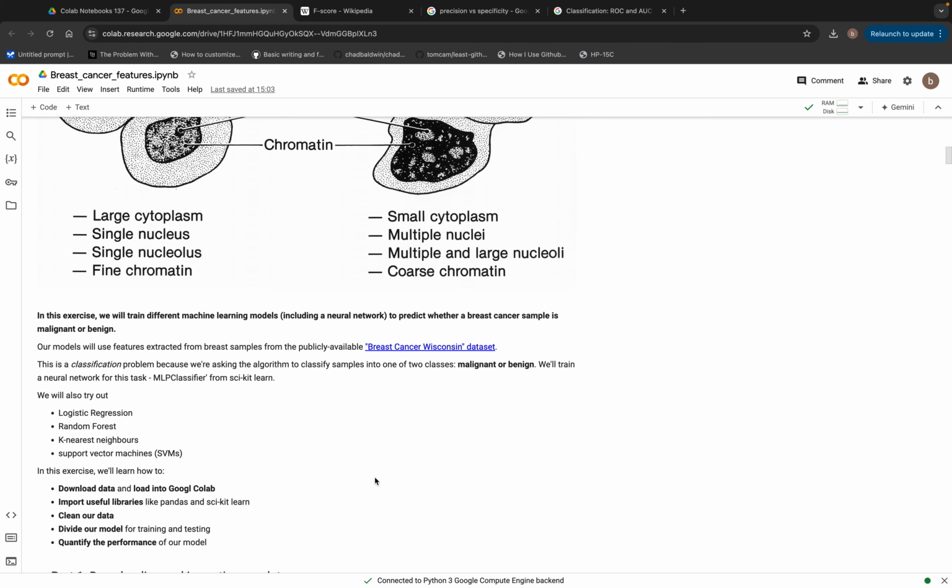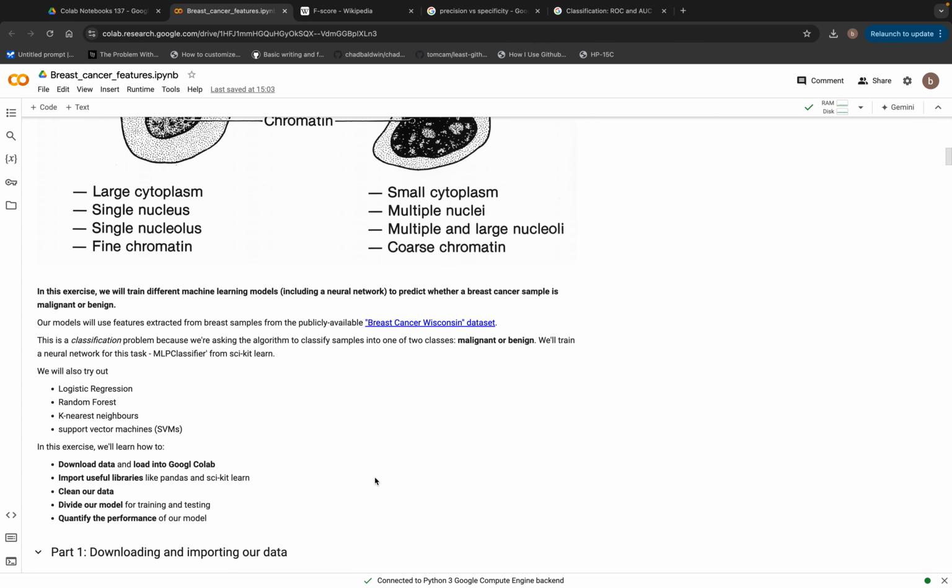We're going to use a number of different classifiers, machine learning algorithms, to get a sense for how they operate and also the words that you might hear online. So we're going to do a standard MLP classifier, which is just a standard neural network using scikit-learn, which is very popular. We also use logistic regression, random forest, k-nearest neighbors, and support vector machines.